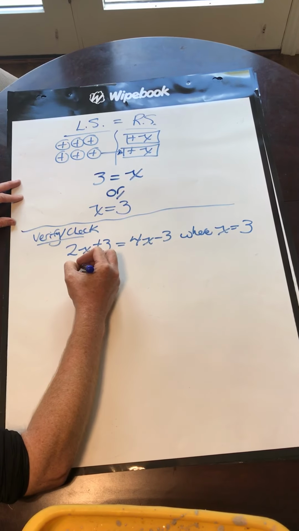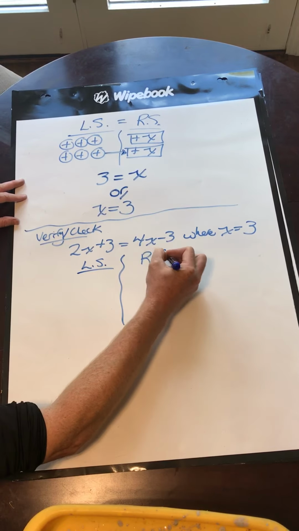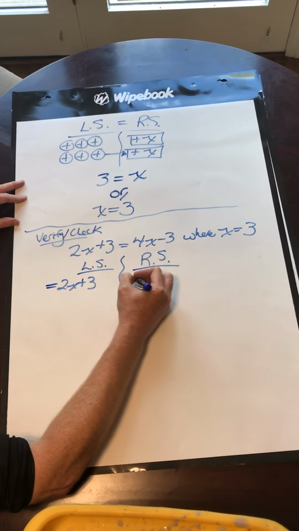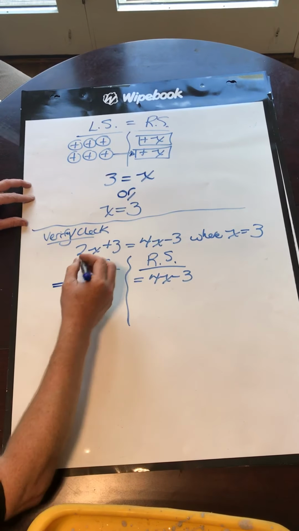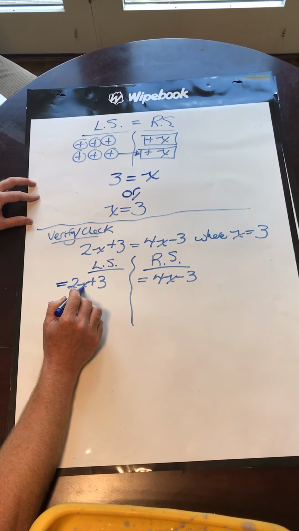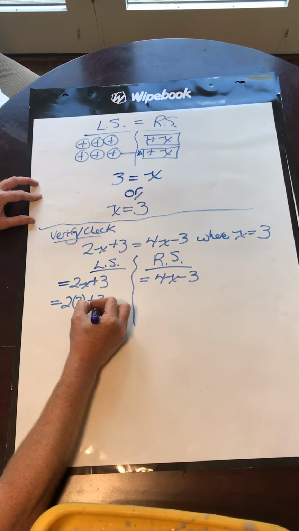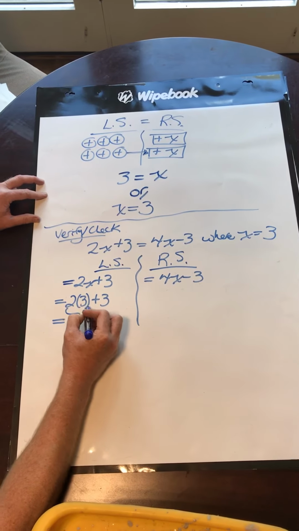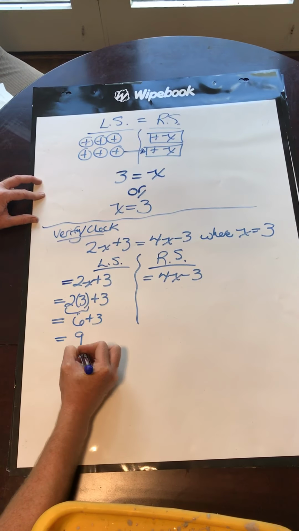And I'm going to have my left side here, squiggly down the middle, right side here, and I write out equals 2x plus 3 equals 4x minus 3. And I am going to now just solve for the left side. So solving for the left side, I substitute in for x. What is x equal to? It's equal to 3, so it's 2 times 3 plus 3. Again, using my BEDMAS rules, I want to do the multiplication first, which is 2 times 3 is 6, plus 3, which is equal to 9.